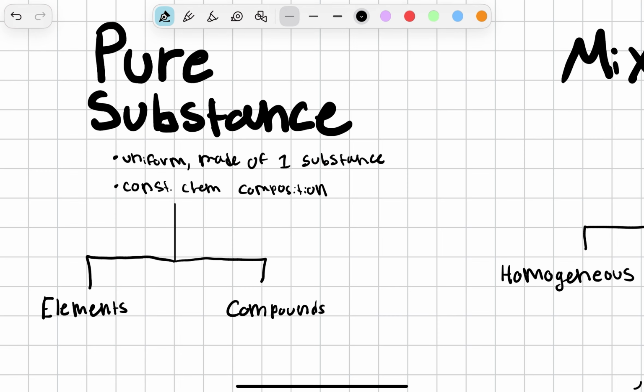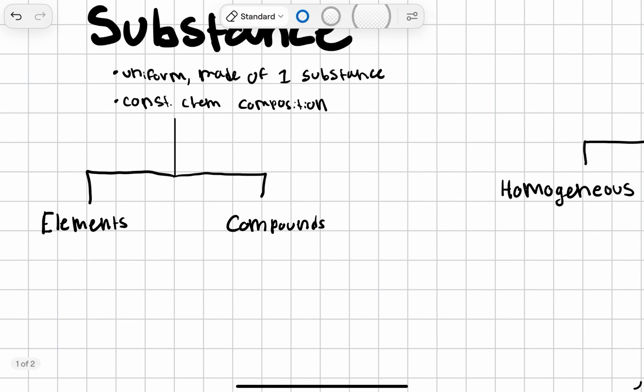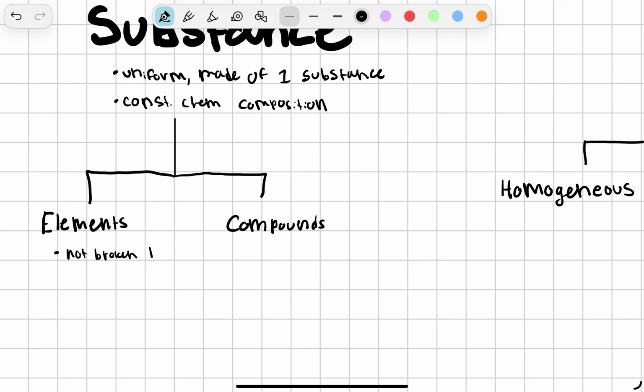Pure substances can be broken into two categories: elements and compounds. Elements cannot be broken down, whereas compounds can be broken down, but they can only be broken down chemically.